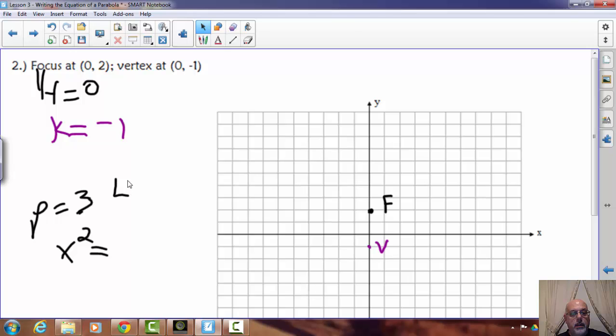So 4P is 12. So we know we have a 12 out here in front of parentheses, right? And since K is -1, inside our parentheses we will have Y plus 1, close parentheses.